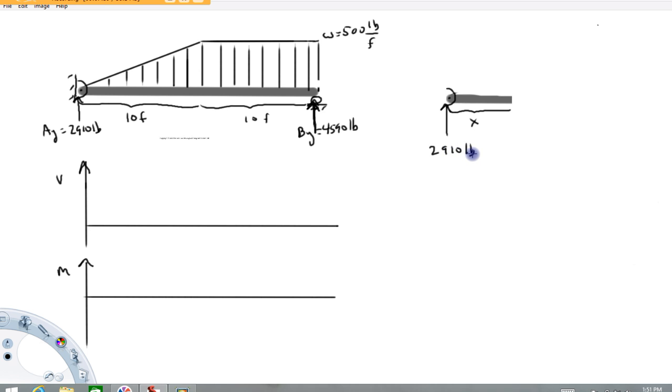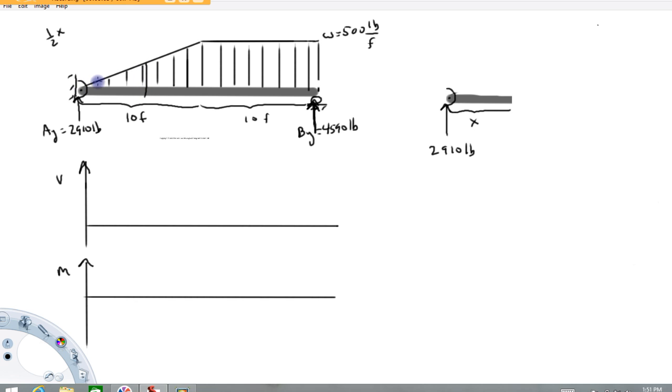All right. Now, if we cut this at an arbitrary location X over here, let's say that this is X. We need to replace the distributed load with a single force vector. The area of this triangle will give the magnitude, and that's going to be 1/2 X times the function value here.